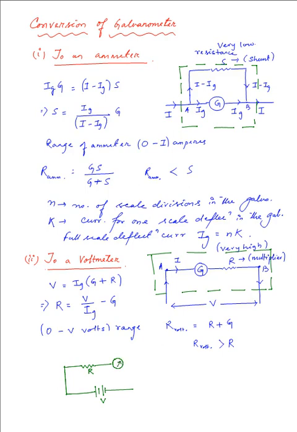So let's say this is the ammeter, and we wish to obtain the potential difference between the ends of the resistor, and as a result of that we attach a voltmeter.